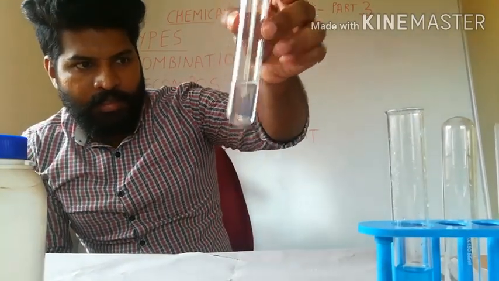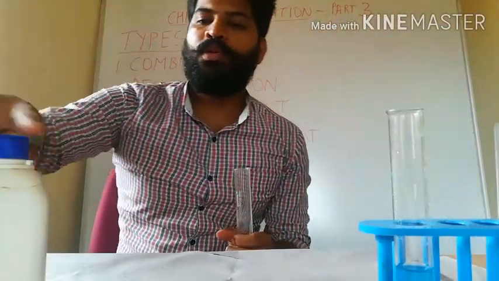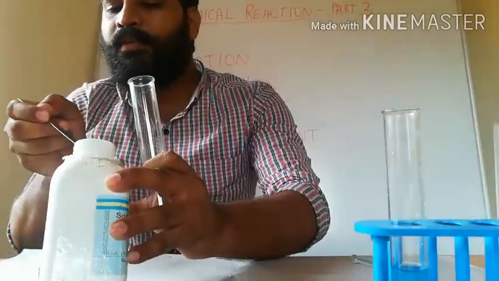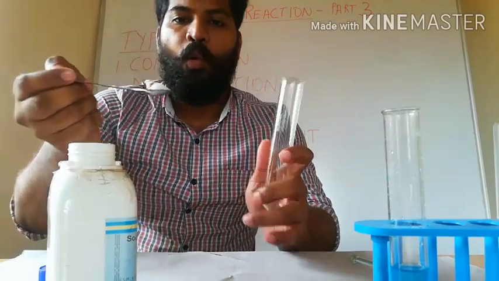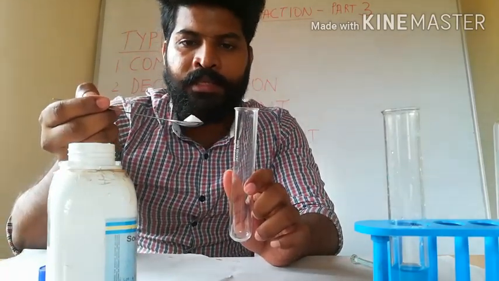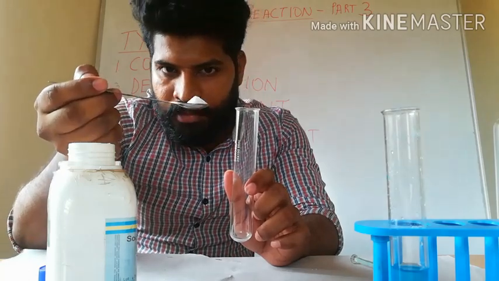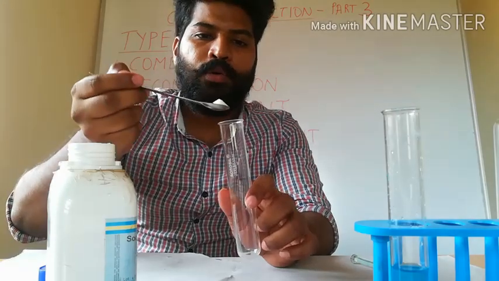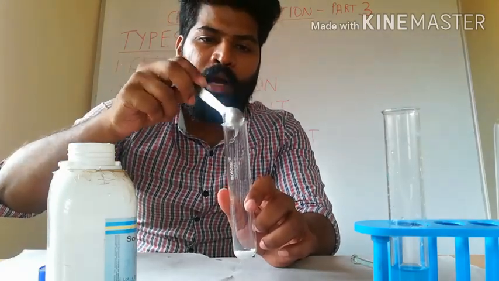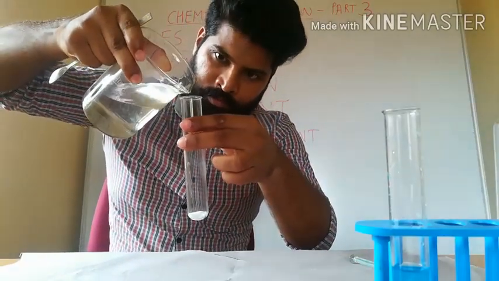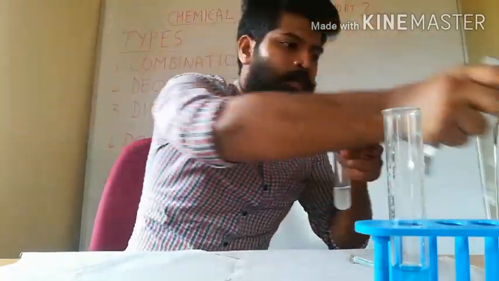It looks colorless. We have to make one more solution, that is of sodium sulfate. Sodium sulfate is also a white colored crystal. In terms of size, the crystals are much smaller than barium chloride. So approximately half a spoon, add distilled water.